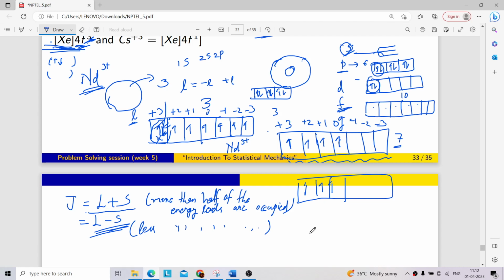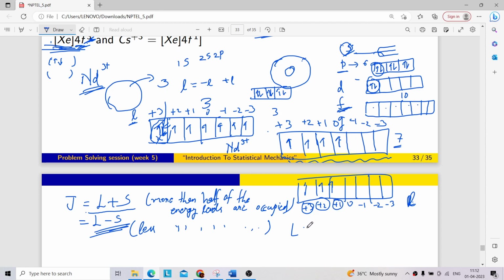For our case we have 3 unpaired electrons and 7 energy levels, with l values plus 3, plus 2, plus 1, 0, minus 1, minus 2, minus 3. From these we can calculate the total angular momentum L as the sum of all these l's. Like I have 3 unpaired electrons in these 3 states, plus 3, plus 2, and plus 1.